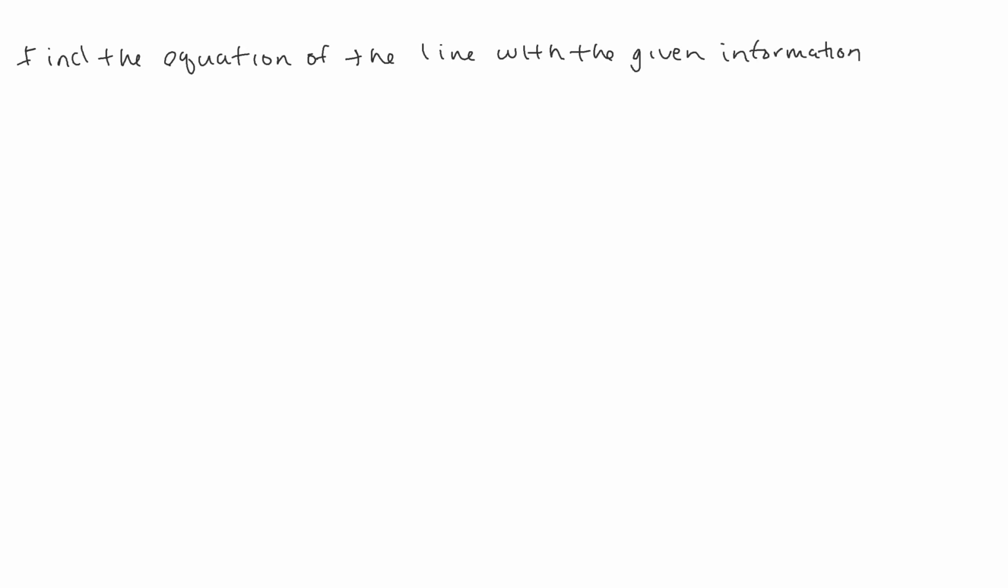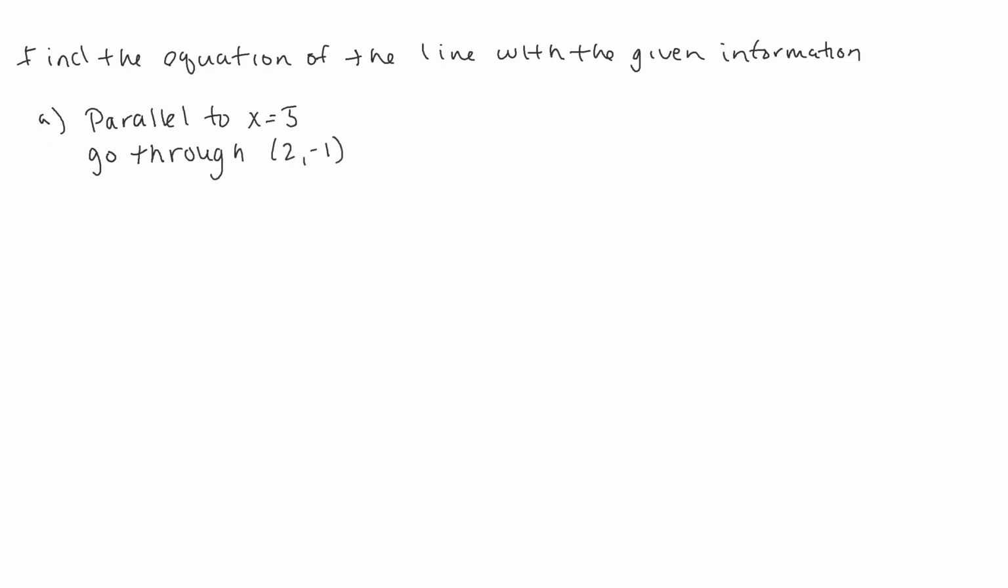So we're going to find the equation of the line with the given information. First up, I want to be parallel to x equals 5, and I want to go through 2, -1.